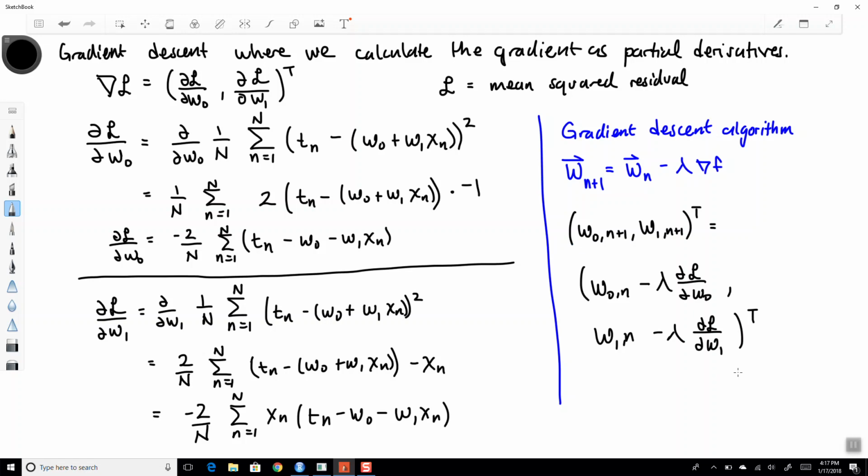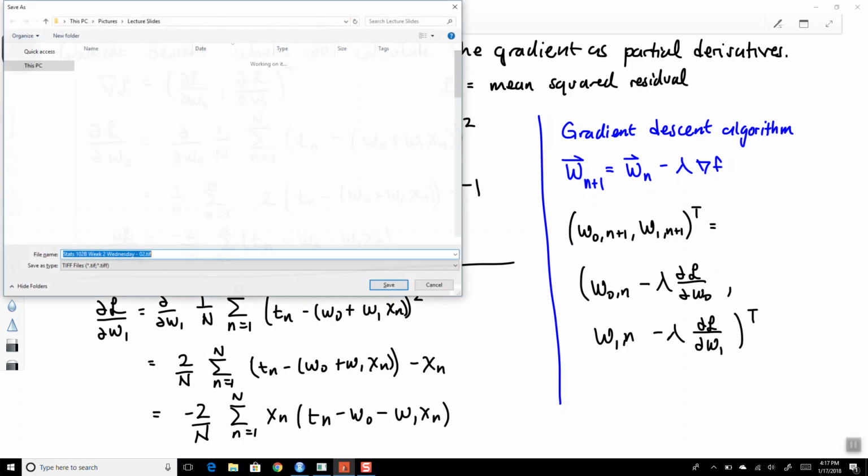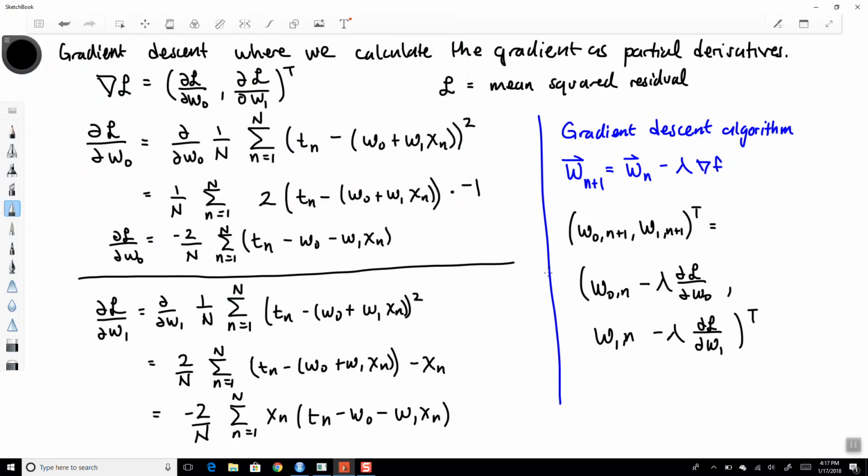Okay, and this is all we do. So all I'm doing is saying we're going to take our current W0 and our current W1, and then we've calculated what the partial is. We plug in a bunch of numbers to get this, and then we'll just update the next iteration with this. Okay, and then all we do is we just repeat. So just keep taking steps until we decide to stop.